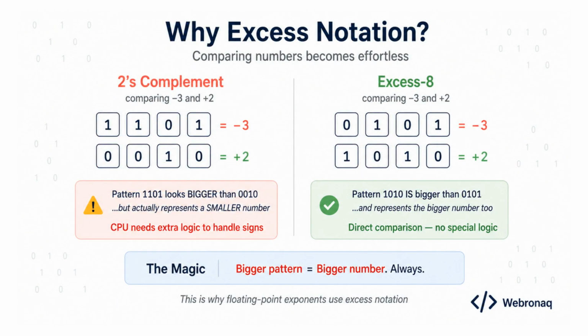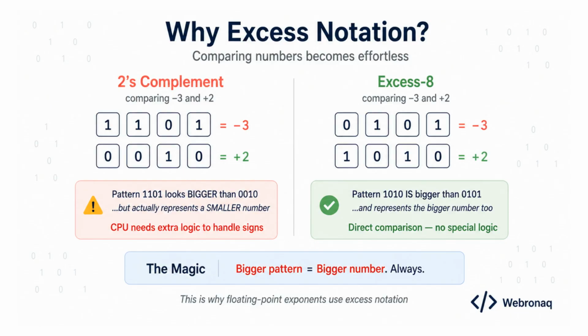So why does excess notation exist at all when 2's complement already handles signed numbers? Here's the real answer. Look at the left side of the screen. In 2's complement, -3 is stored as 1101, and +2 is stored as 0010.